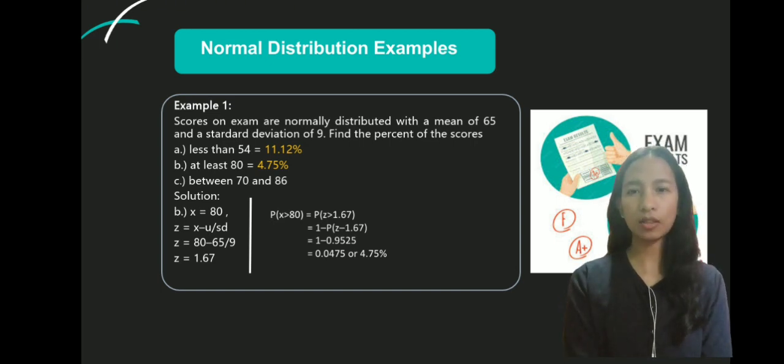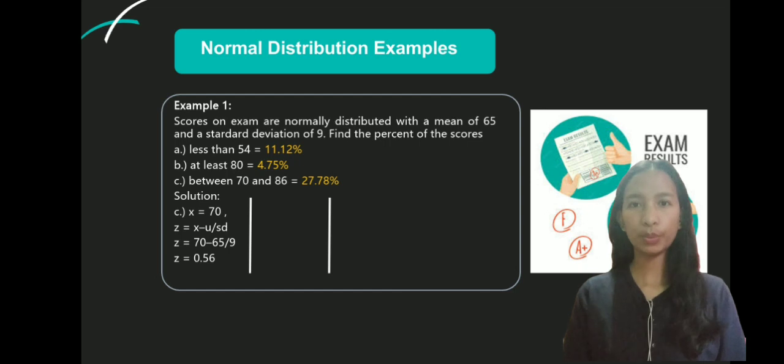In this case, the probability for z greater than 1.67 is 0.0475 or 4.75%. Therefore, the percentage of scores that are at least 80 is 4.75%.